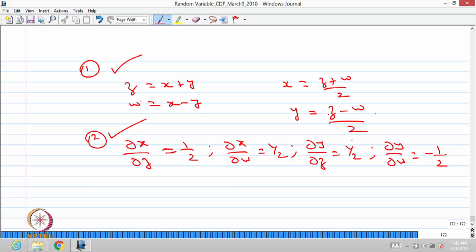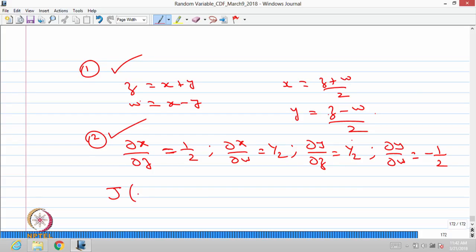Therefore, the second condition is also satisfied. Now, we can go for writing the joint probability density function of z and w with the help of the joint probability density function of x and y. Before that, we will find out the determinant of the Jacobian. That is Jacobian as a function of z comma w, that is a determinant of, you substitute all the partial derivatives in the correct order.